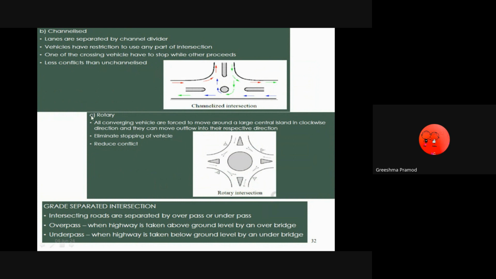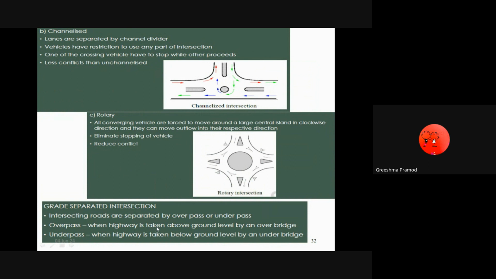Rotary means roundabout. Okay, all converging vehicles are forced to move around the large central island in clockwise direction, and they can move outward into their respective directions. So you can move in any direction. It eliminates the stopping of the vehicle. It reduces the conflict. In grade separated intersection, intersecting roads are separated by an overpass or underpass.